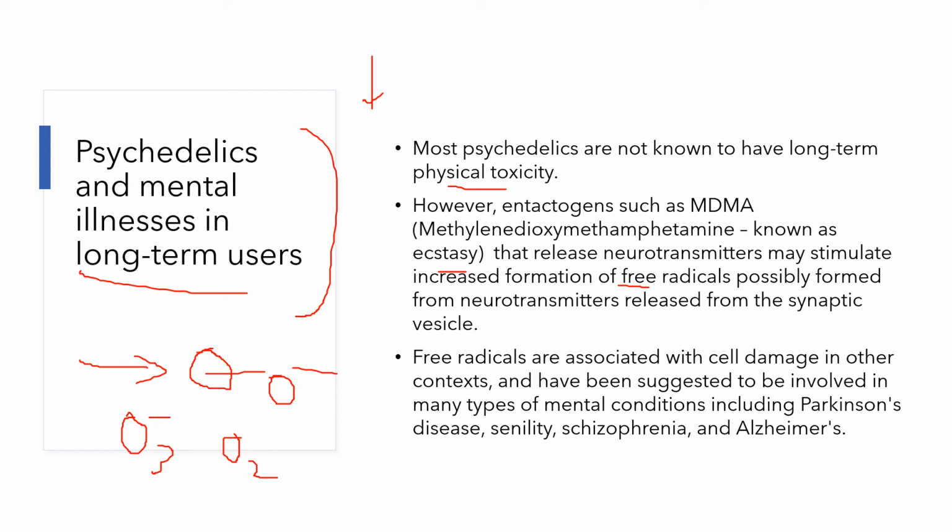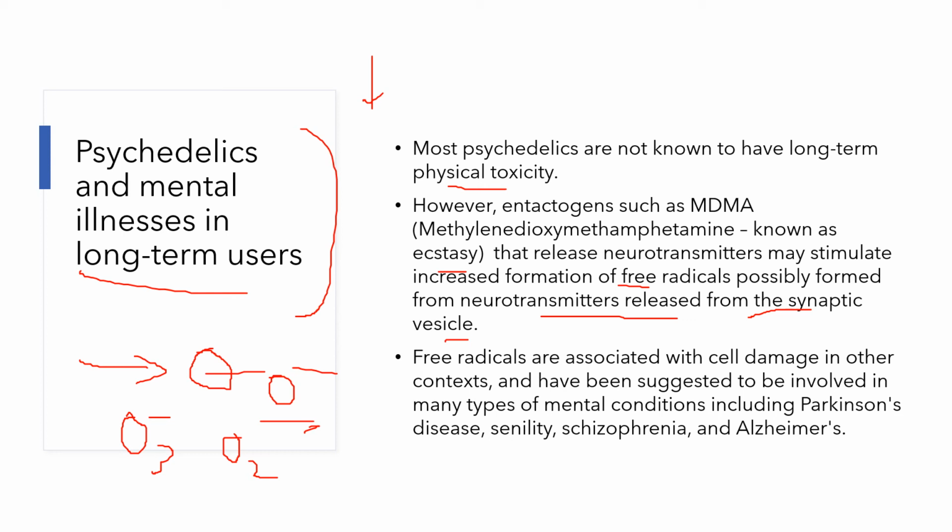These ions, called free radicals, are very toxic, especially to the nerve membrane or cell membrane, and they can destroy them. Increased formation of free radicals is possibly formed from neurotransmitter release from the synaptic vesicles.